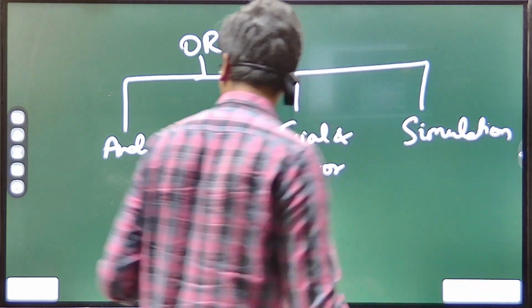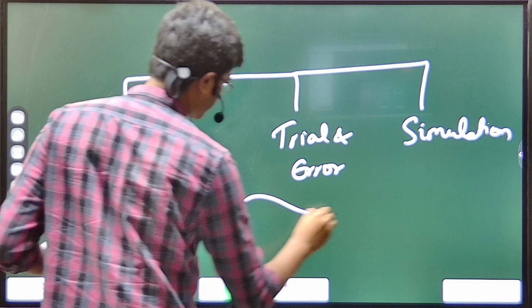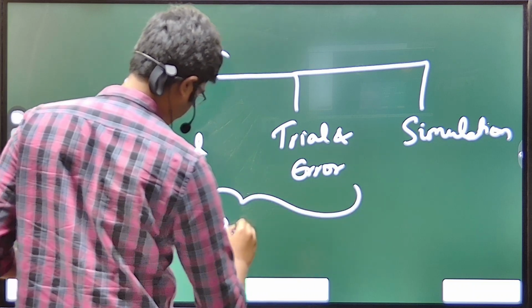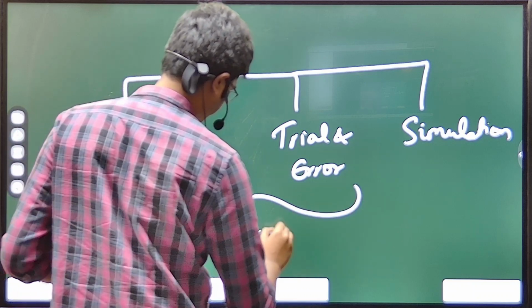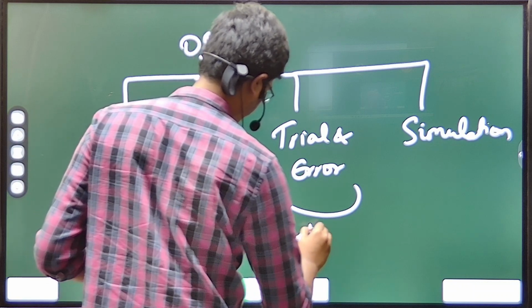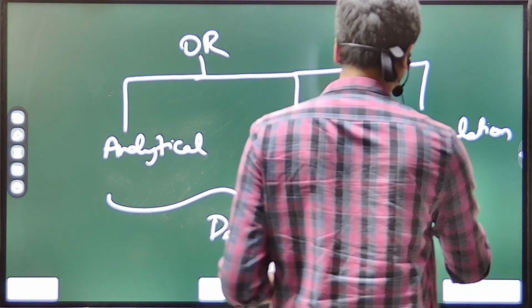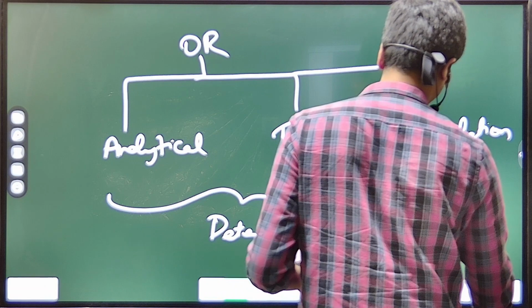These two methods are called deterministic methods, and this method is called the stochastic method.